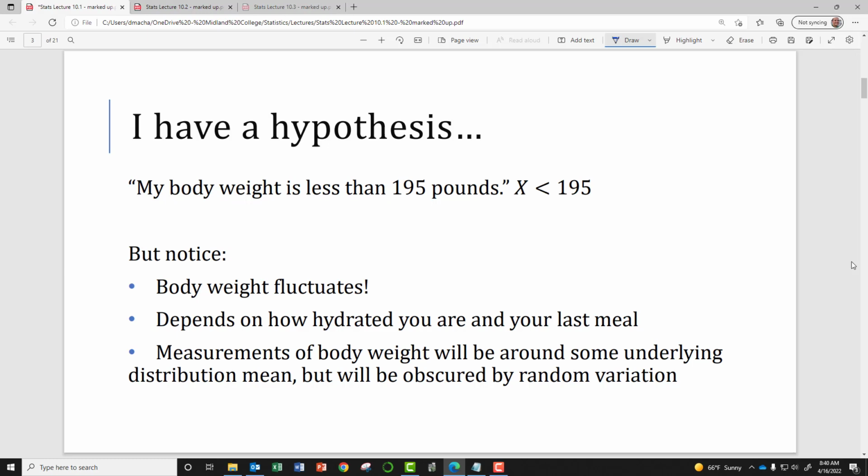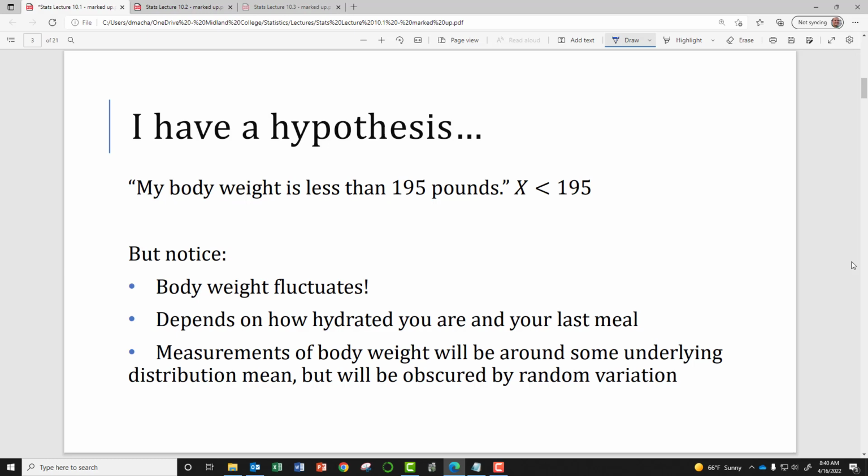So I have a digital scale at home that reads in terms of like 1/10 of a pound, right? And so maybe I step on the scale and I'm 194.4 pounds, and then maybe the next day I'm 196.2 pounds, right? So depending on how much water I've been able to drink and all of these things, your body weight can fluctuate from day to day.